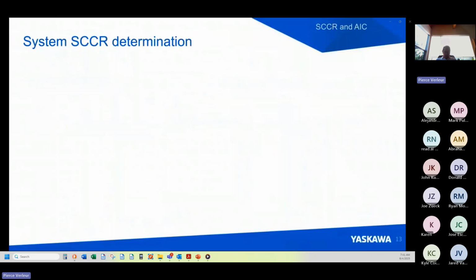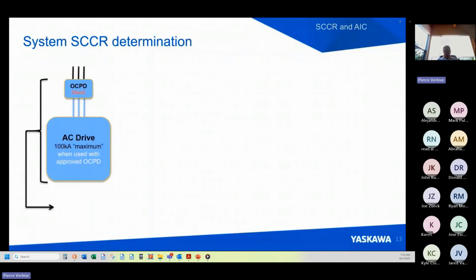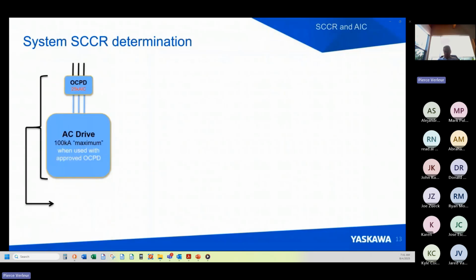Next, let's talk about a system such as the enclosure that we saw in the previous picture. If we have a system such as a drive and an overcurrent protective device, such as a breaker or a fuse, we can have situations where the ratings don't match. And this is most often the case.